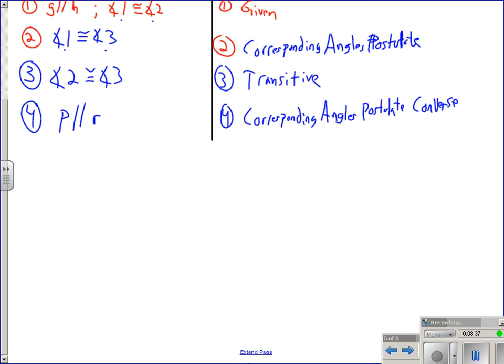Sometimes what I'll do, just out of force of habit and not wanting to write all of that, I'll write it like this. Corresponding, and I'll usually use this angle symbol, corresponding angles congruent implies parallel lines.